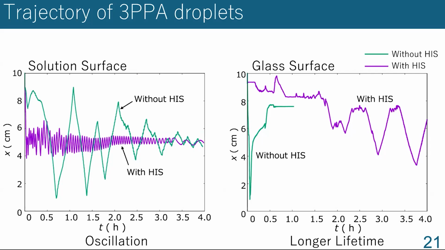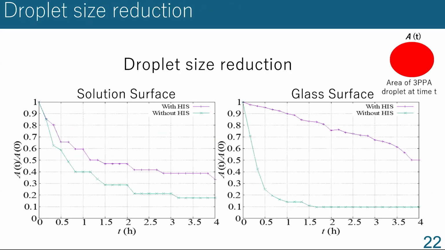In the case of the solution surface movement, with histidine, oscillation occurs in the solution surface motion. In the case of glass surface motion, a longer lifetime was observed with histidine, by the reaction.